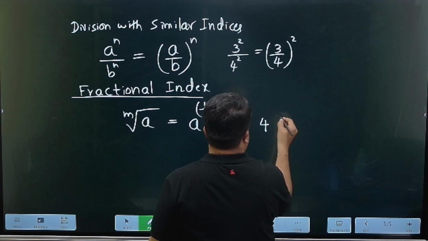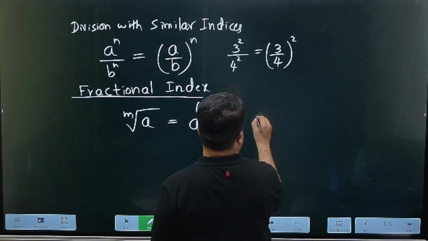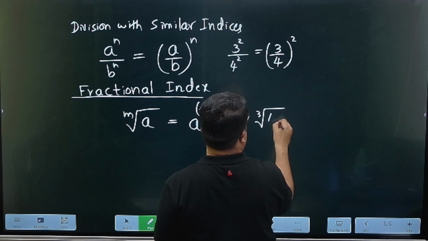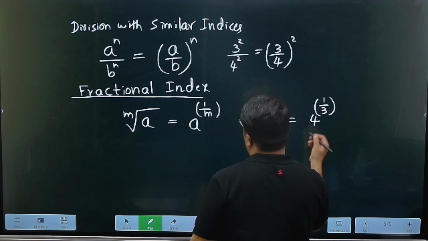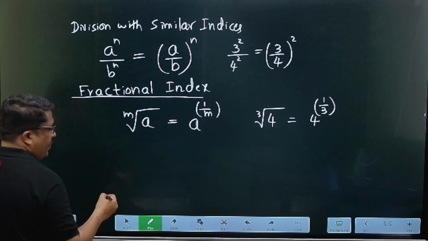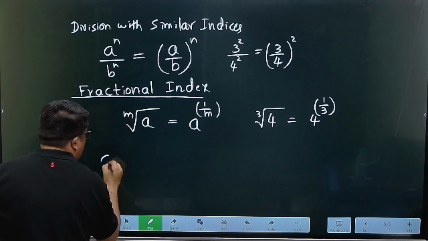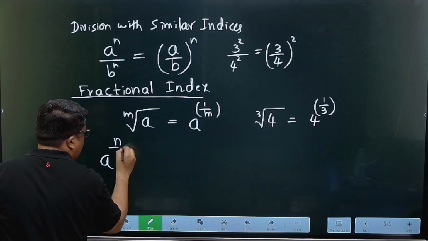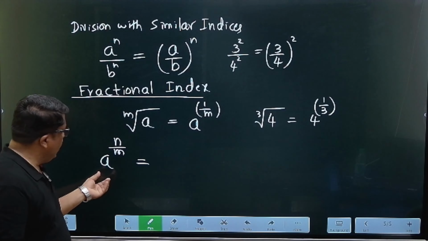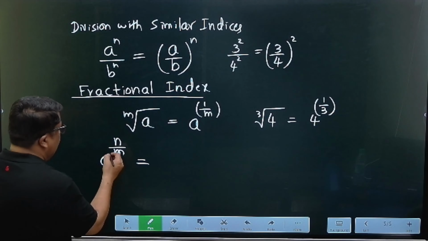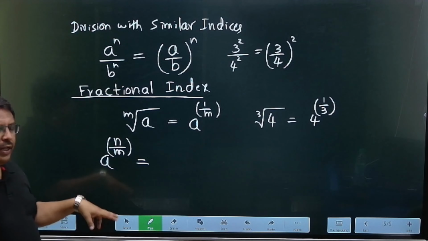For example, if I write cube root of 4, this is 4 to the power of 1 by 3. If I write a number a to the power of n by m, how to write this? Base is a, power is n by m. So the index is a fraction.